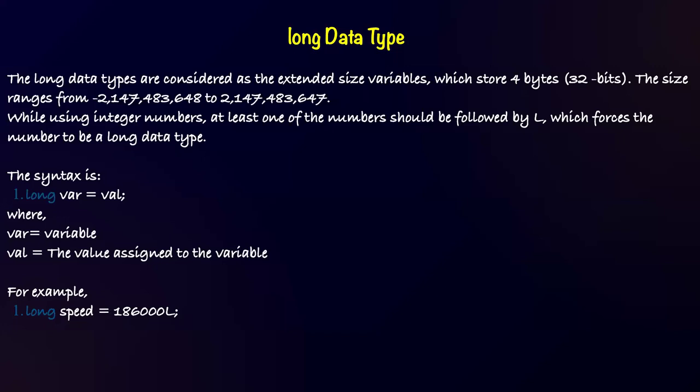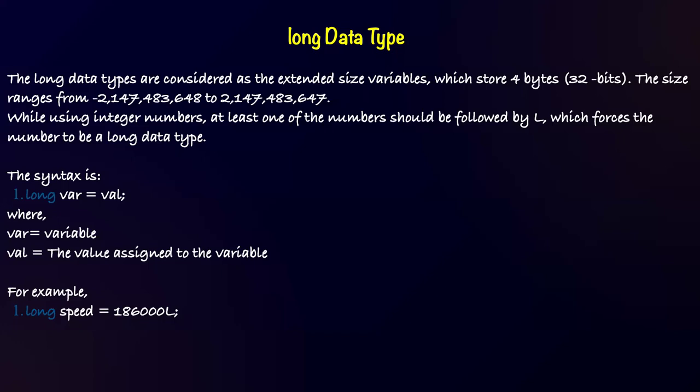So this is the long data type. As I've said previously, the long data types are considered extended size variables, which store 4 bytes, that is 32 bits. While using integer numbers, at least one of the numbers should be followed by L, which forces the number to be a long data type.